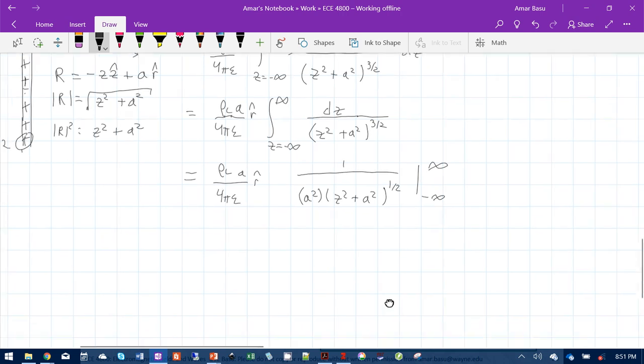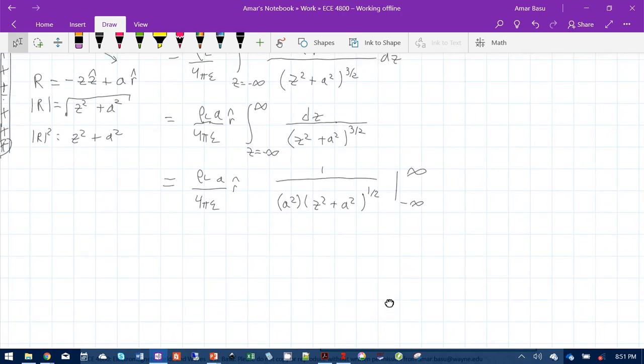Now, some of you may or may not remember doing integrals in terms of infinity. The mathematically rigorous way to do this would be to write limits everywhere, limit as this goes to infinity, limit as this goes to infinity.